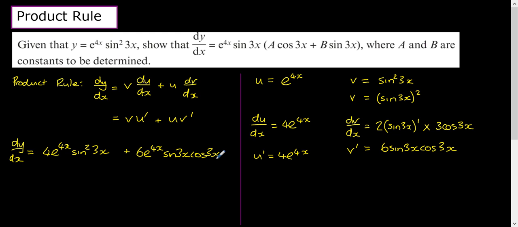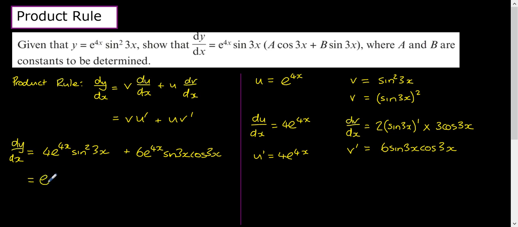So this derivative is correct. If we had an x value, we could substitute in, we could find a gradient, and we could do all of our usual stuff. We have been asked specifically to show that dy by dx can be written in this form, and that's what we're going to do. So the first thing we'll do is say e to the 4x is a common factor.